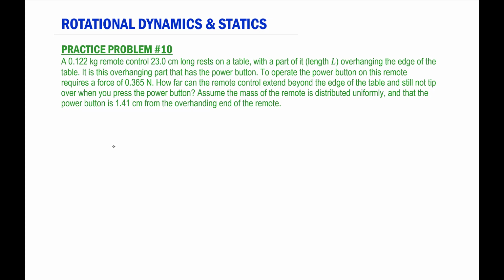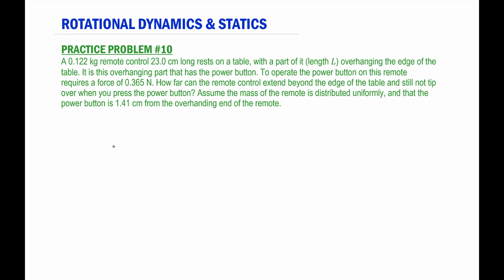So that means we have sine of 90 degrees being equal to 1. That means R_R mg minus R_B F is equal to 0. Let's replace these with our new definitions. (xcm minus L) mg minus (L minus B) F equals 0.